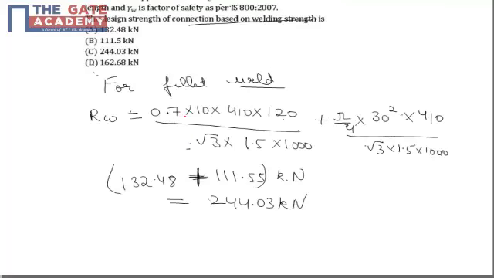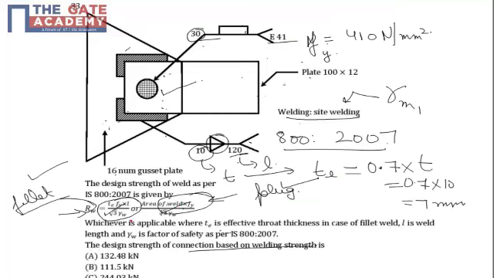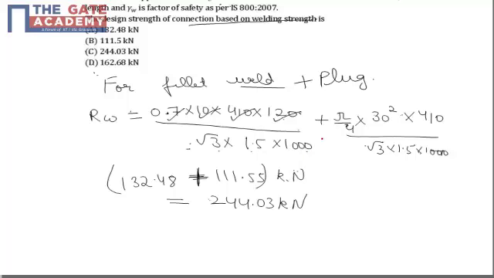So for fillet weld plus plug weld, Rw can be written as 0.7 into 10 into 410 into 120, which is length in mm, upon root 3 into 1.5 into 1000. This 1000 is done just to convert the values obtained in Newton into kilonewton, and 1.5 is the factor of safety for site welding.